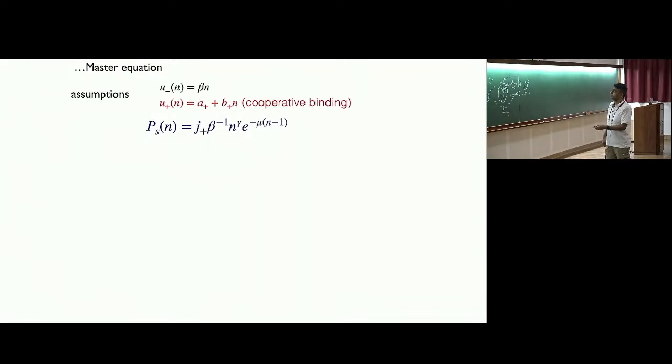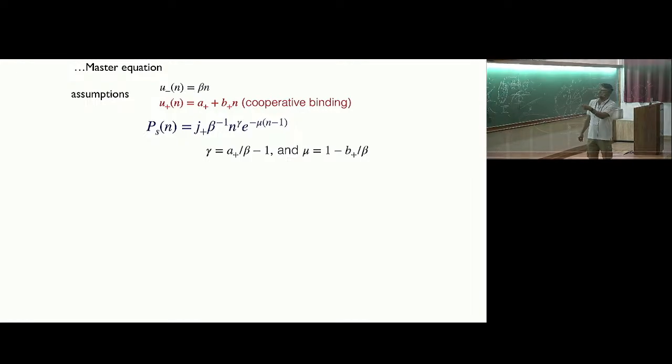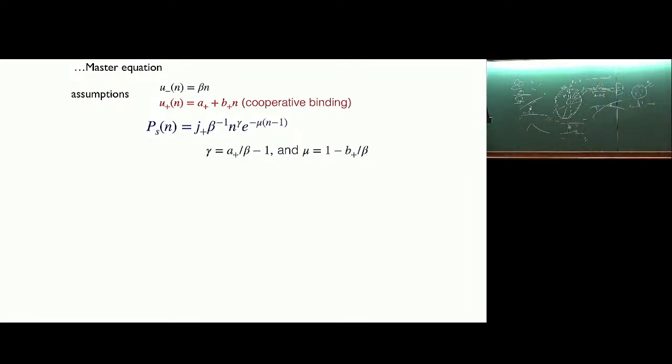if you assume that b plus n is absent, you can put this expression and then the previous expression will give rise to this structure. This structure tells us that the distribution grows as n to the power gamma and then decays exponentially with n, but with this prefactor mu.